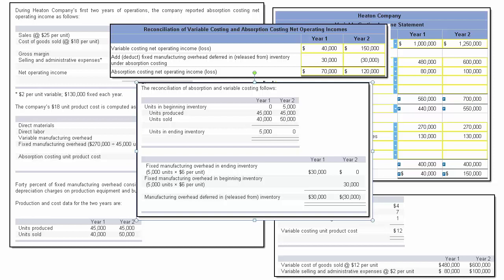This is just a brief problem that illustrates the difference between absorption costing and variable costing, and we provide a reconciliation as to why we had differences in net operating income between the two.